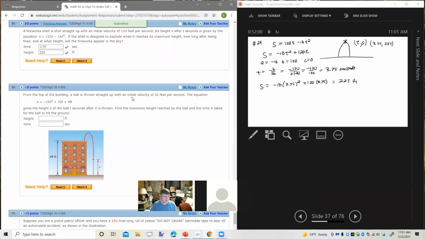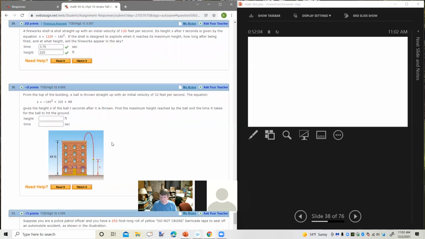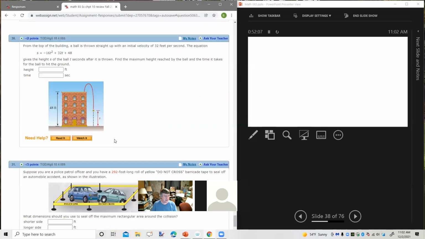Okay, let's take a look at number 30. Let's see, 30, yeah. We'll just do these application problems as much as we have time for. So this is number 30. From the top of a building, a ball is thrown straight up with initial velocity of 32 feet per second. The equation S equals negative 16t squared plus 32t plus 48 gives the height S of the ball t seconds after it is thrown.